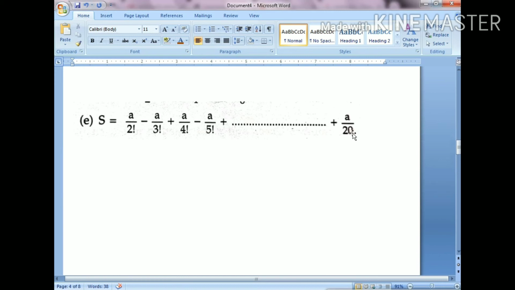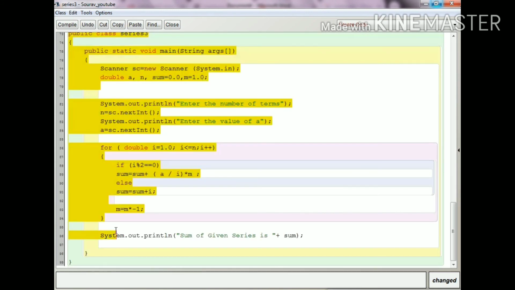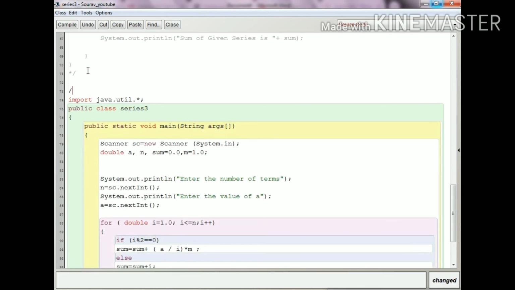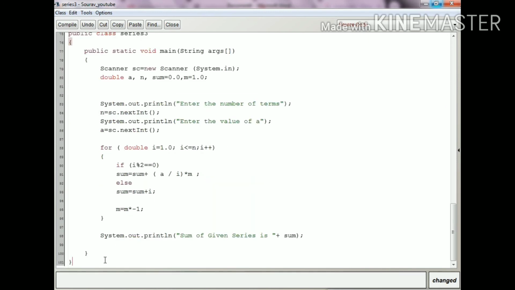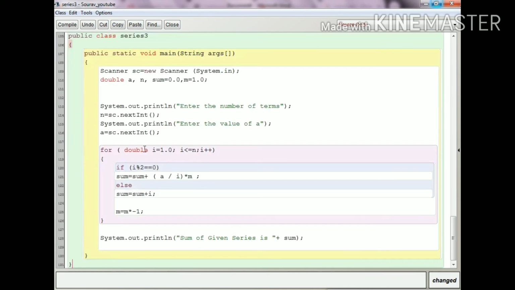Okay, so I just copy this code again and again and make asterisk plus star and then star by asterisk, then just remove this question, enter the value of n.